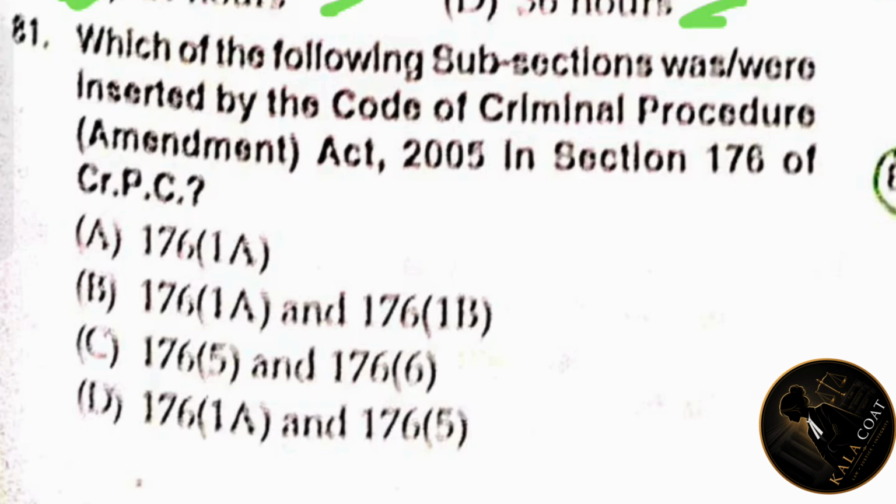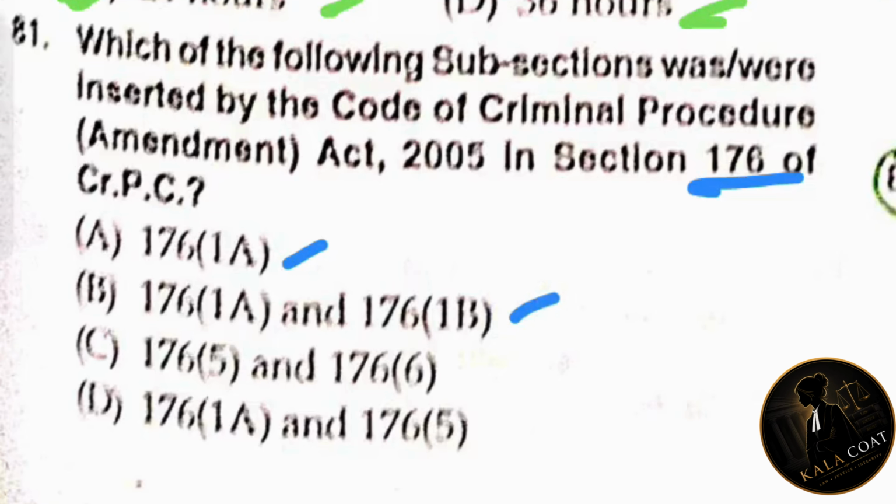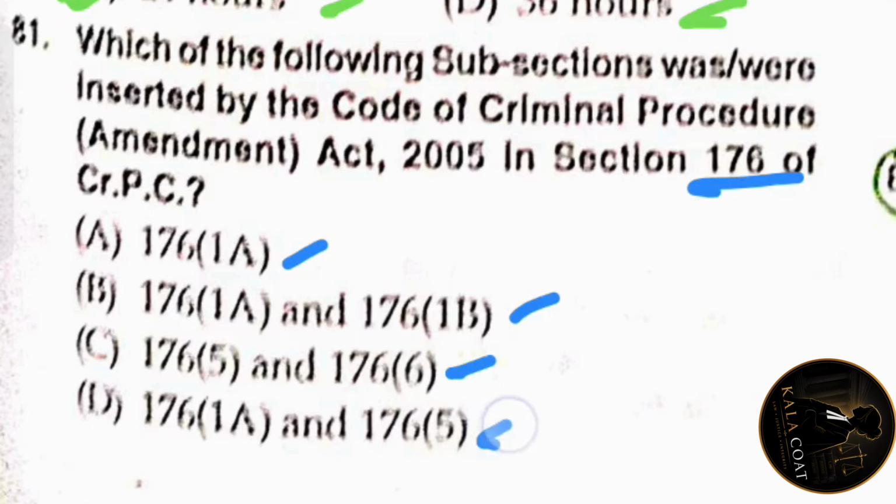Question number 81. Which of the following subsections was or were inserted by the Code of Criminal Procedure Amendment Act of 2005 in Section 176 of the CrPC? Options are Section 176 subsection 1A, 176 subsection 1A and 1B, 176 subsection 5 and 6, 176 subsection 1A and 5.